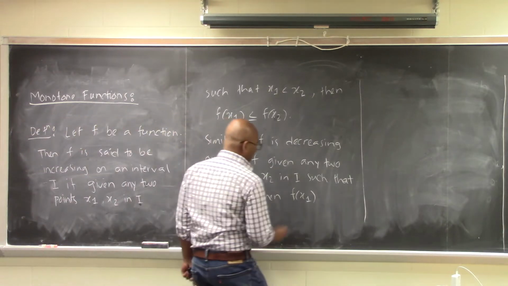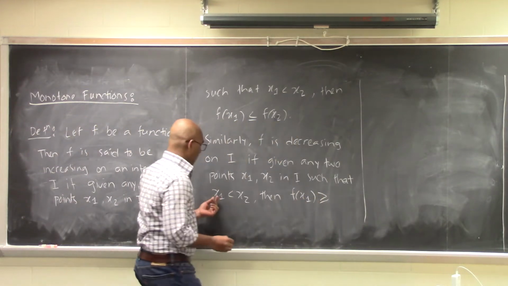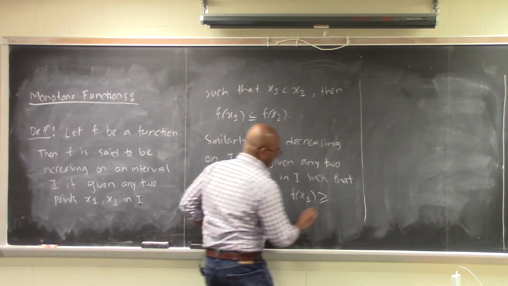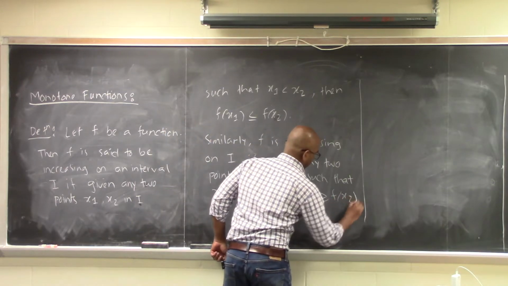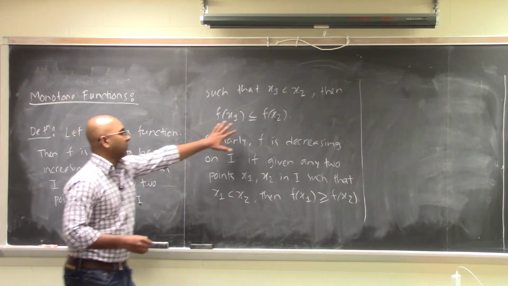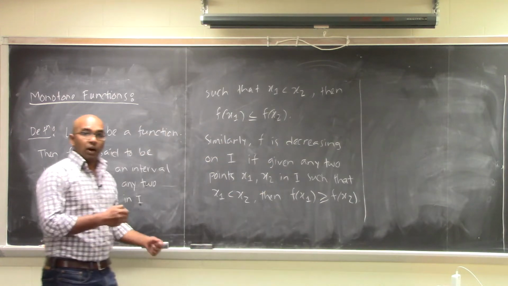So f of x1, since x1 is a smaller input, it will make bigger output, right? Is bigger or equal to f of x2. Okay, so this inequality flips on the output side.